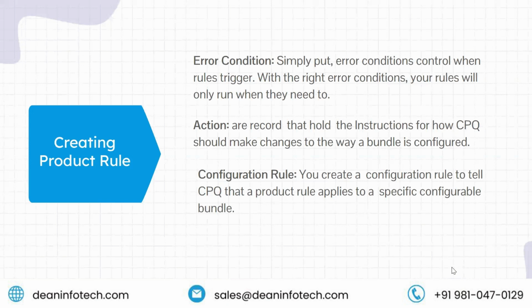They are mostly used for validation rules, but there is a small role in filter rules too. And for configuration rules, you can create a configuration rule to tell CPQ that a product rule applies to a specific configuration bundle. Okay, if you need the rule to apply to more than one bundle, you just create more configuration rule records.